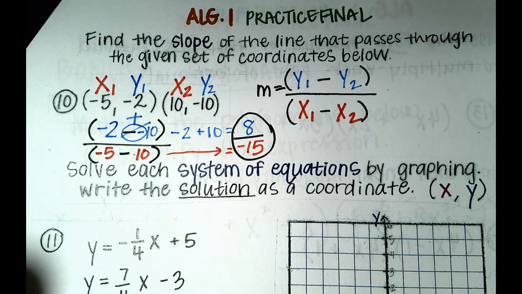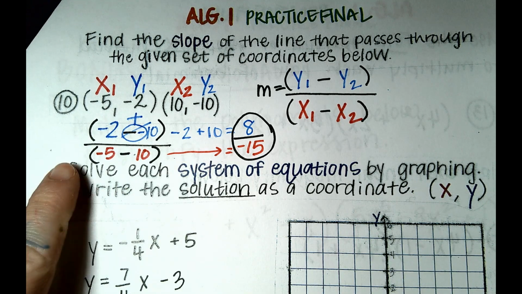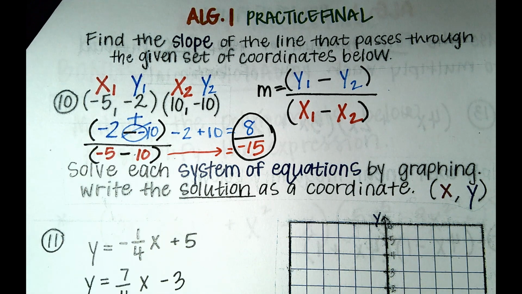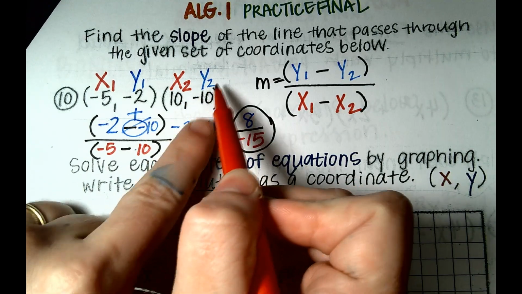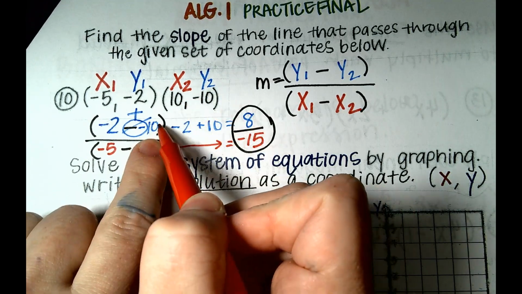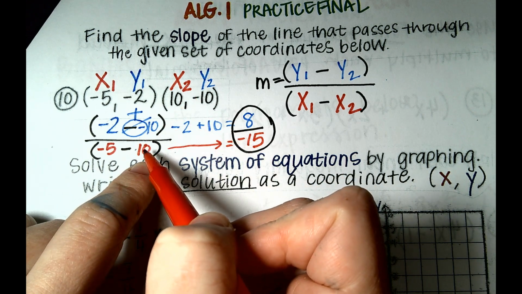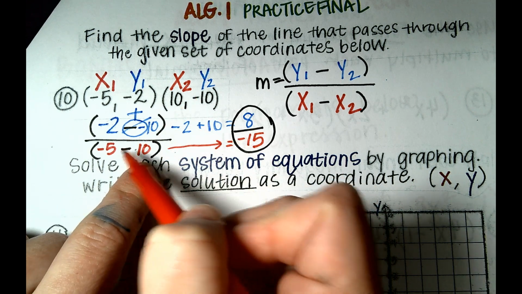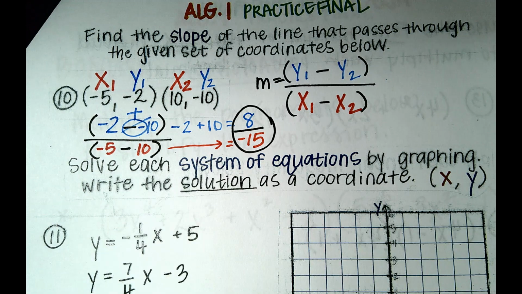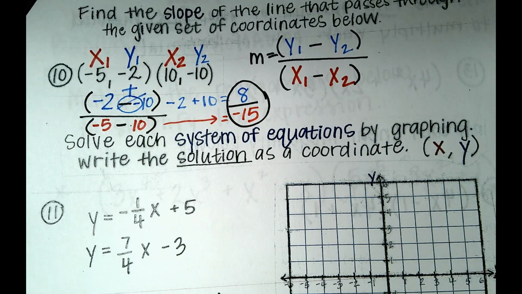For the second, you put minus 10. Yes, because y2 is -10 but x2 is positive 10. So we only need one minus. You see it? Okay. Yes. Okay. All right.